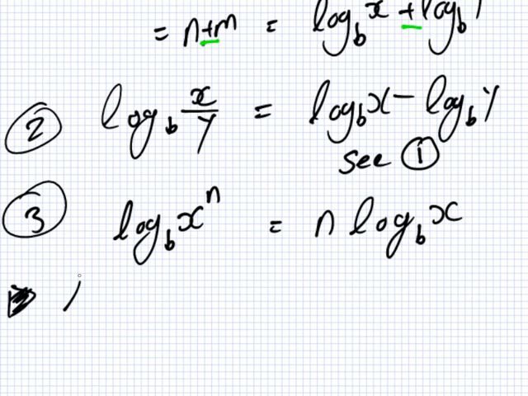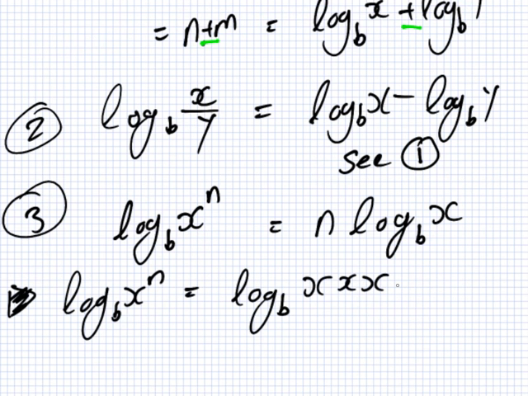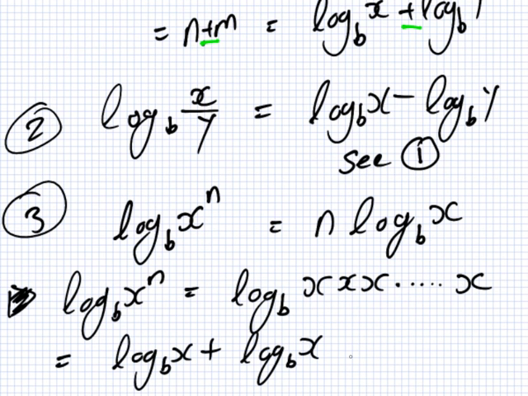I think we'll use the first rule again. So this can be written like this. x, x, x, da, da, da, da, da. How many x's do I have? n. Now, I can use the first rule to change all of these into pluses. log_b x plus log_b x plus etc., etc. log_b x. And how many of these do I have? n of them.